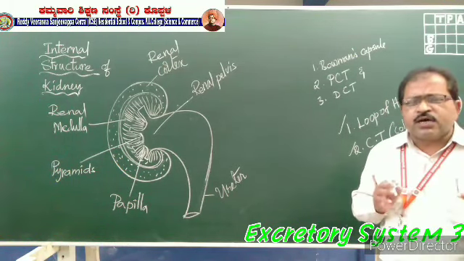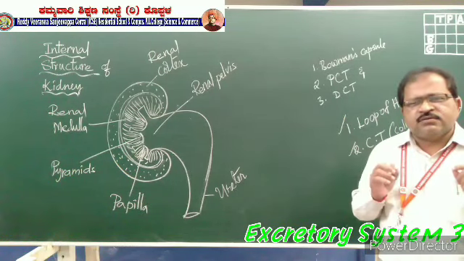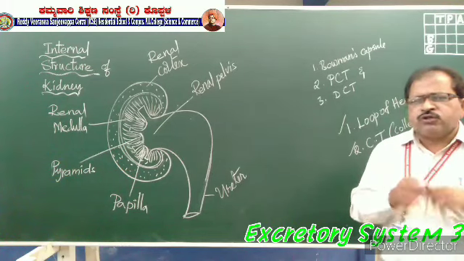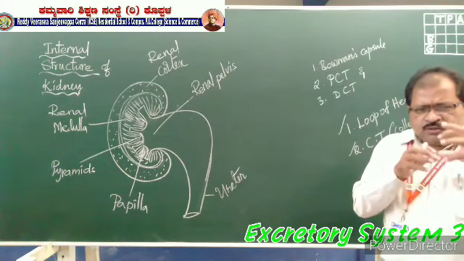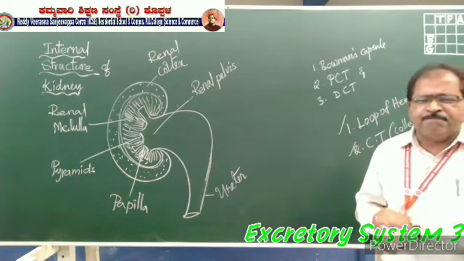These nephrons are 6 centimeters in length and highly coiled. So this gives more surface area for the reabsorption of water.